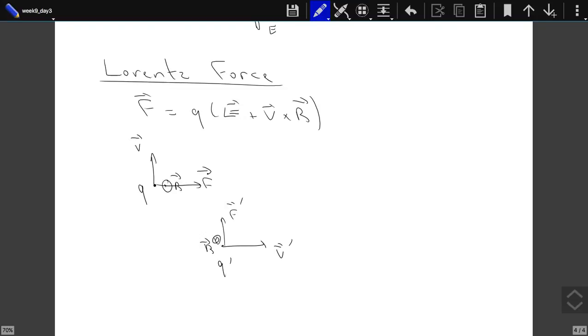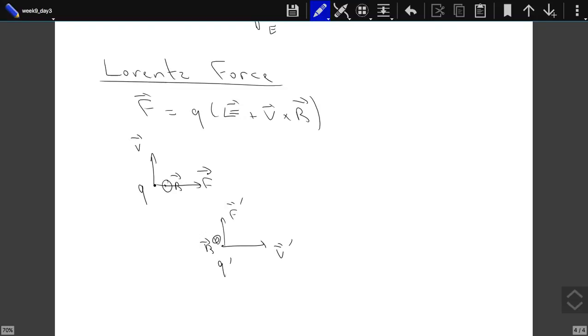Momentum doesn't seem to be conserved. So that's another problem we will be facing. Basically, it will turn out that the magnetic field itself has momentum. So they will be gaining momentum, but that momentum will be extracted from the electromagnetic field.